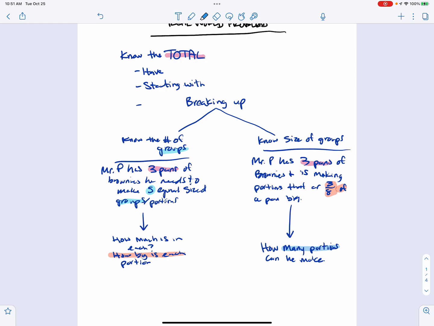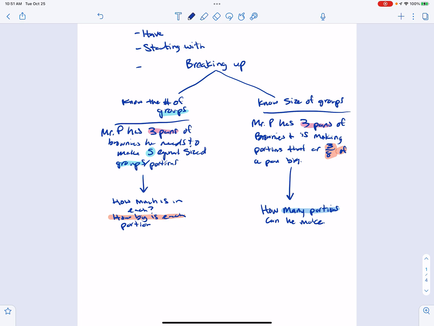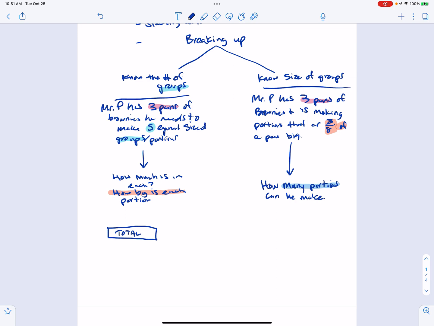So you have to do a little bit of work to see what it is, and then visually, when you're mapping this out, your total is going to be this amount that you have up here. This is your total, and there's at least two different ways that you could show this. Your total, and you're either breaking it up. Here we know that this is our 3 pans, and we knew that there were going to be 5 equal groups.